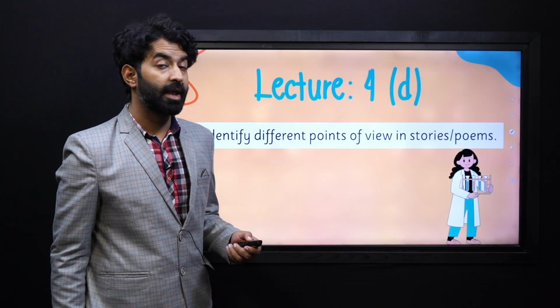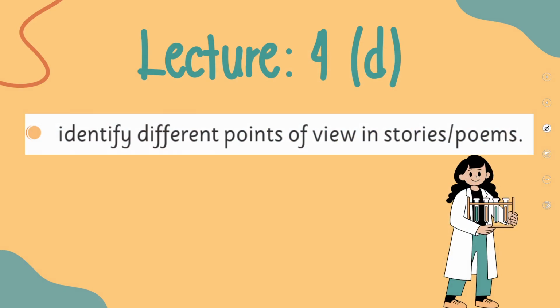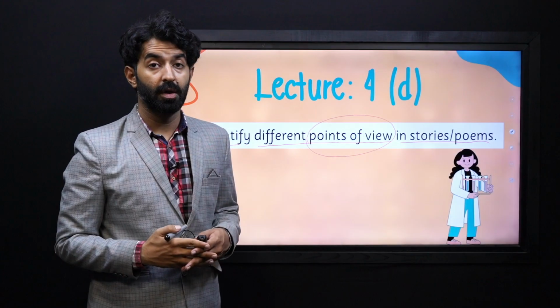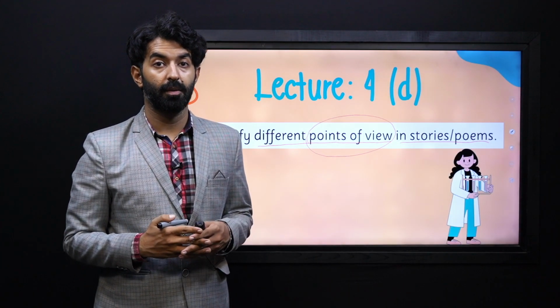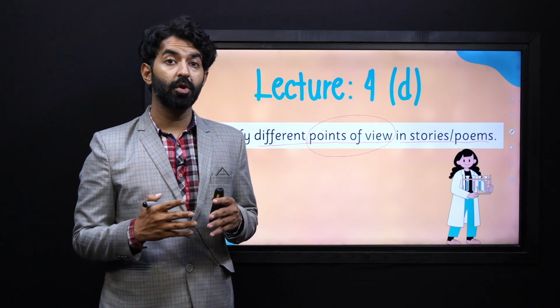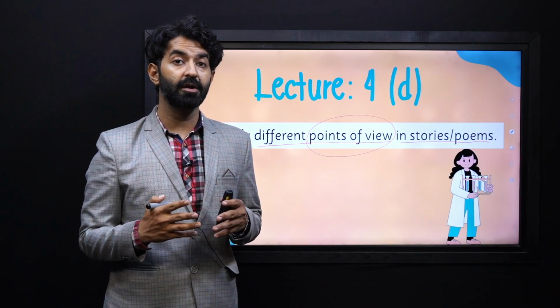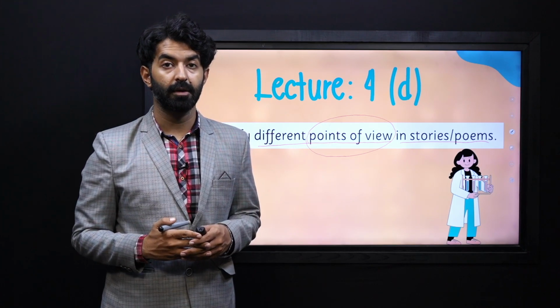And for lecture 4D, our SLO will be to identify different points of view in stories or poems. There are a lot of different points of view when we are reading any story or a poem. So we will be exploring those points of view and different styles of writing.